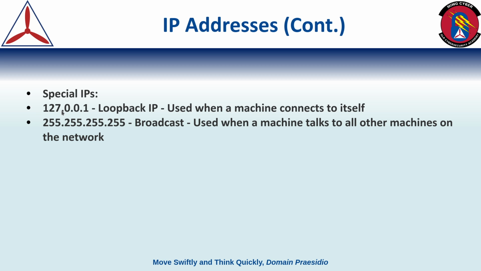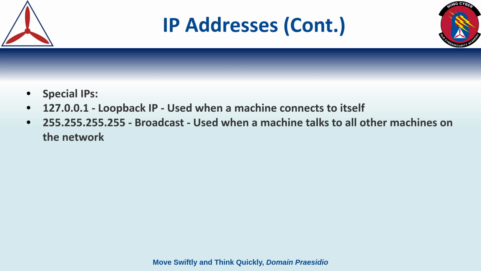127.0.0.1 is a loopback IP. So if a machine wants to connect to itself, it will use this IP address. Long story short, don't use this IP in an actual network. And also 255.255.255.255, which is broadcast. This is used when a machine wants to talk to all the other machines on the network.